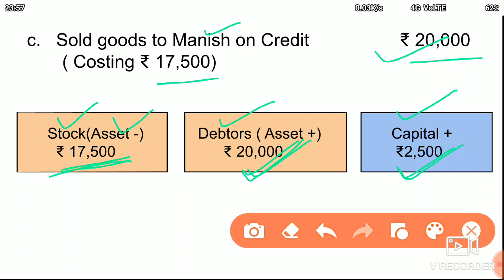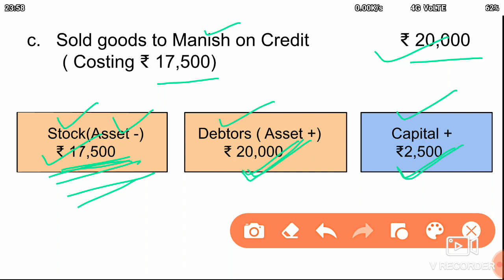That means when these goods were purchased before by the business, before selling it to Manish, they were purchased at a cost of 17,500 and the stock was increased by 17,500. So when the goods are sold, that time also the stock will decrease with the cost price and not with the selling price. So we should always decrease the stock with the cost price and not with the selling price. So here the stock will decrease by 17,500 and not by 20,000.